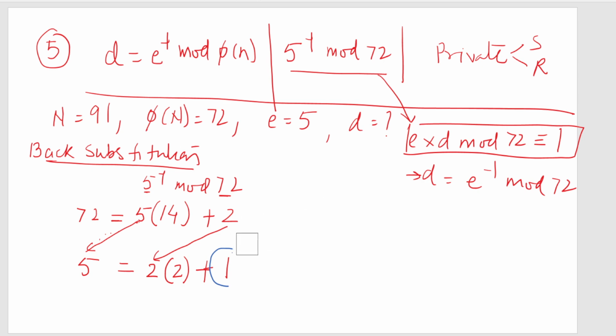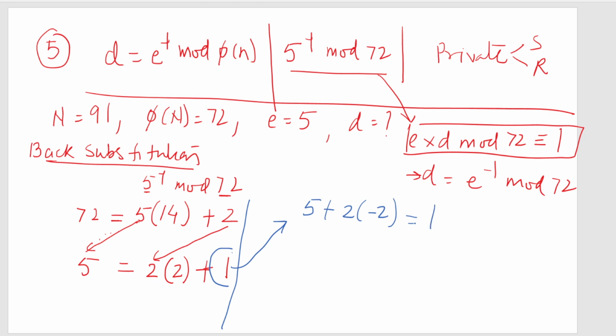Now what is the value of d in this equation? So now we will rewrite the equations. We start with the first equation: 5 plus 2 times minus 2 is equal to 1.